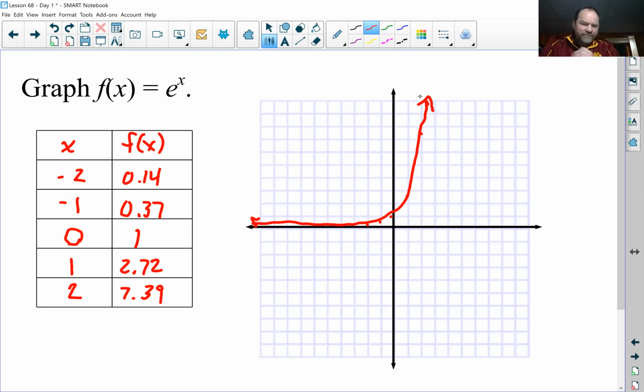So for the first half of your assignment, this is 3 of the 8 graphs that you will need to make. The others just have different bases.